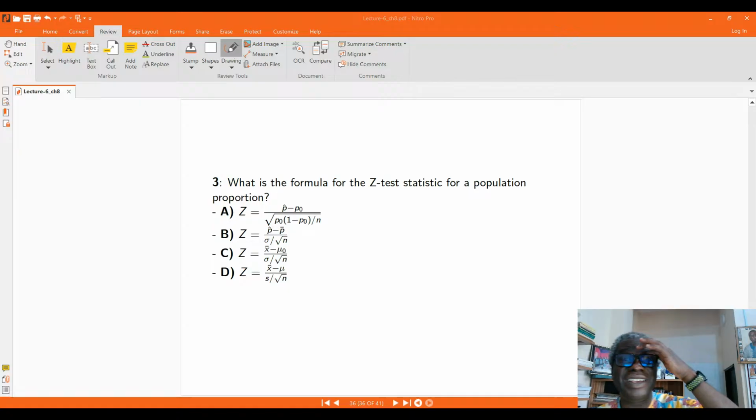Emmanuel says A. Emmanuel, you need to watch that formula carefully. Everybody, so Oladipupo says B. Oladipupo, you have to watch that formula very carefully.